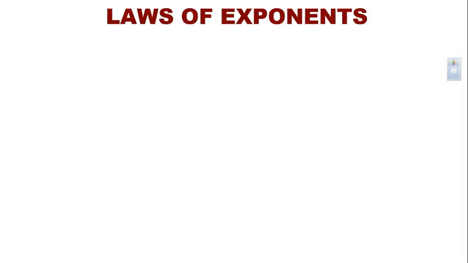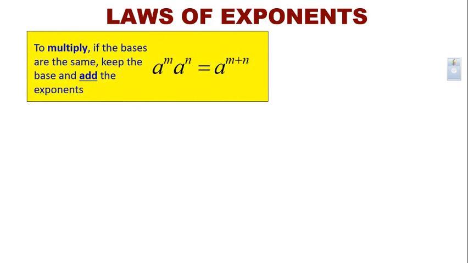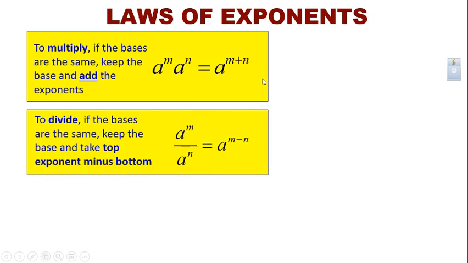Now let's talk a little bit about laws of exponents. The first law of exponents, apart from the definition itself, is what happens when you multiply two numbers with the same base: you add the exponents. I'm about to explain that in a minute, but I want to show that there's a comparative law for division.